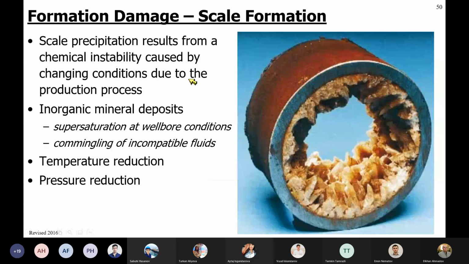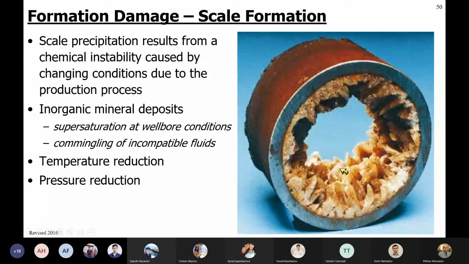Formation damage, scale formation, you know, we talked about that. When we have lower pressures and temperatures, organic and inorganic mineral deposits start on the tubing or the flow path in the formation, and these can substantially reduce the flow path, even in the tubing, you can see, or can block the flow totally, completely, so no flow will go through.